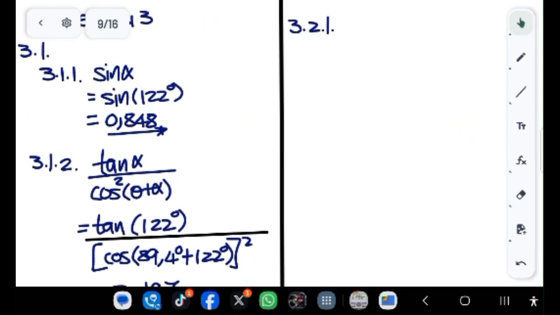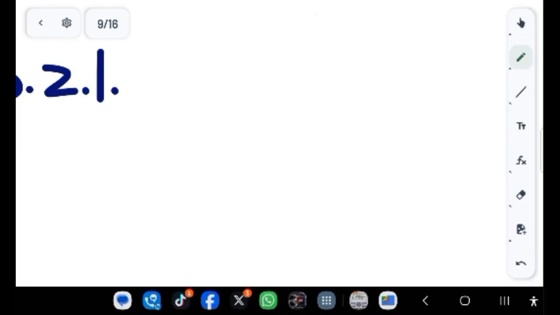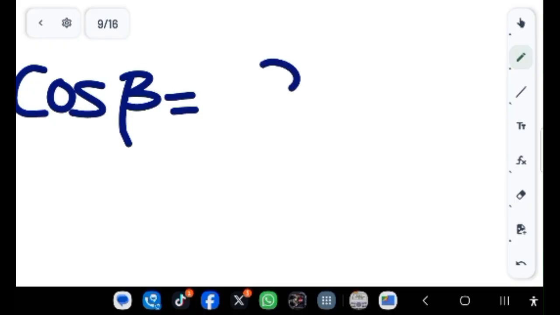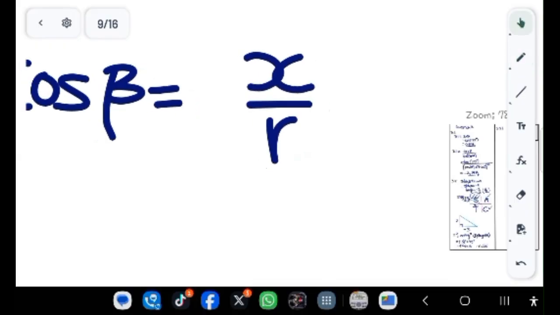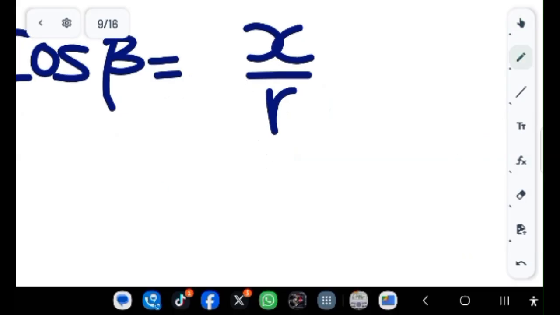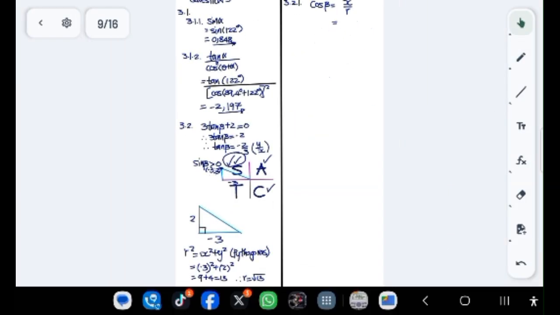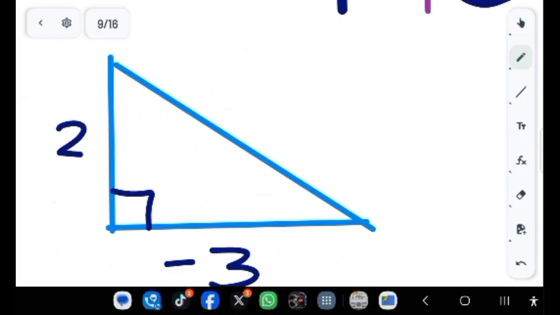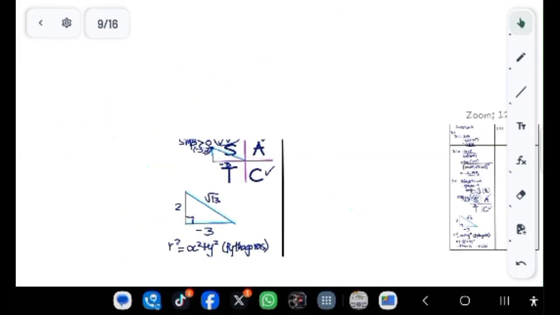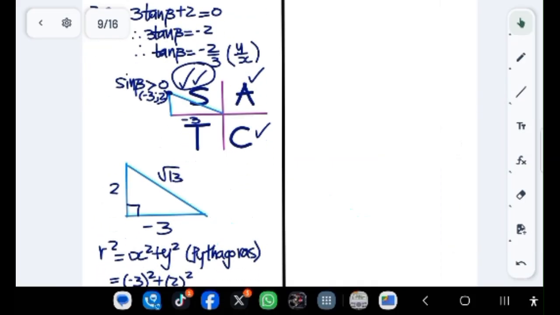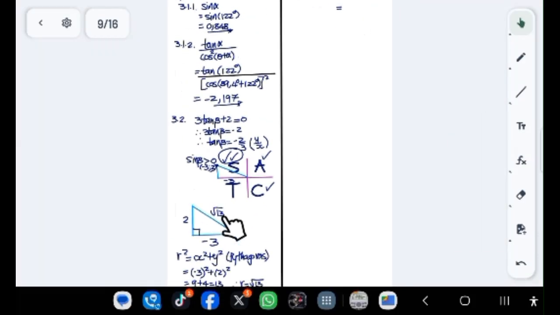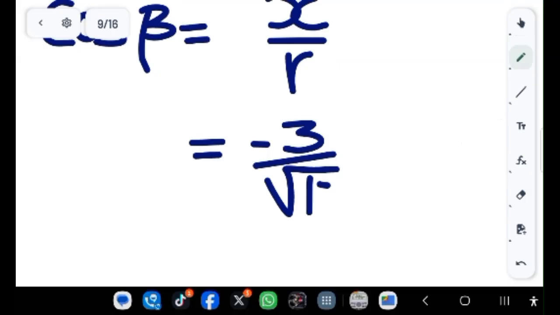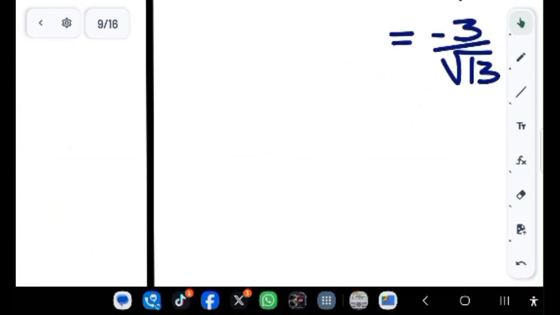Cos of beta will be equal to x over r, and our x is negative 3. Our r is square root of 13. So negative 3 over square root of 13, and that's your answer there.